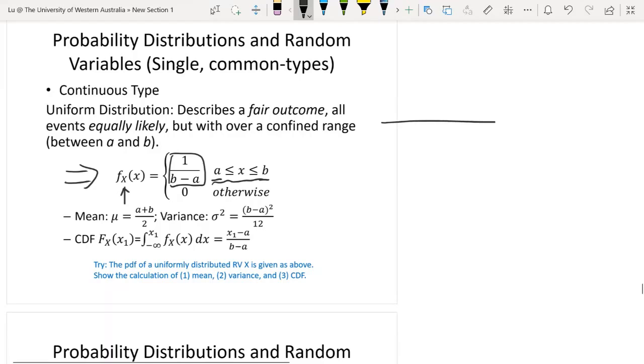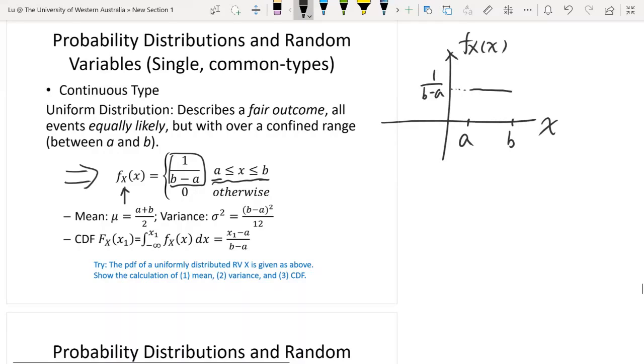Okay, so this is a constant. That means if we draw the PDF of this uniformly distributed random variable, A is here, B is here, between A and B we get a constant value for the PDF of this random variable.